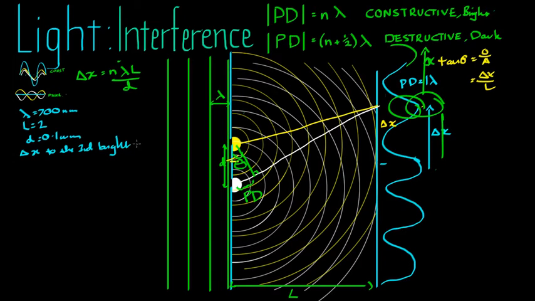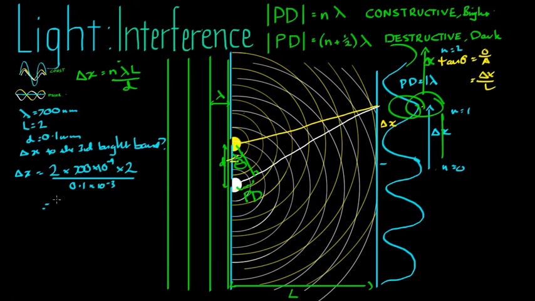Bright band. So we'll say this is the first, this is the second, this is the third. n equals 0, n equals 1, n equals 2. So delta x equals n, which we said was 2, times lambda, that's 700 times 10 to the negative 9, always have to work in meters, times L, which is 2 meters, all over d, which is 0.1 times 10 to the negative 3 meters.